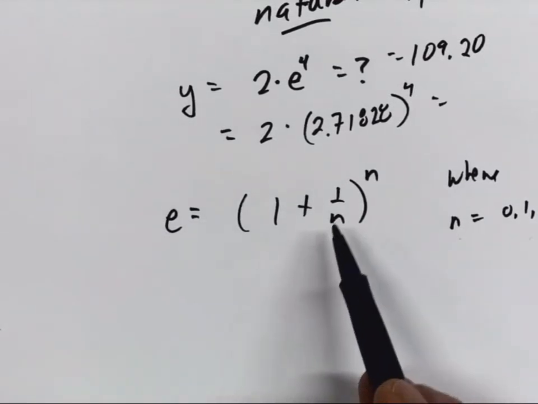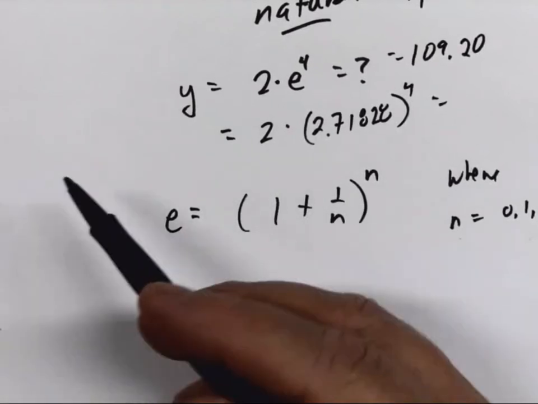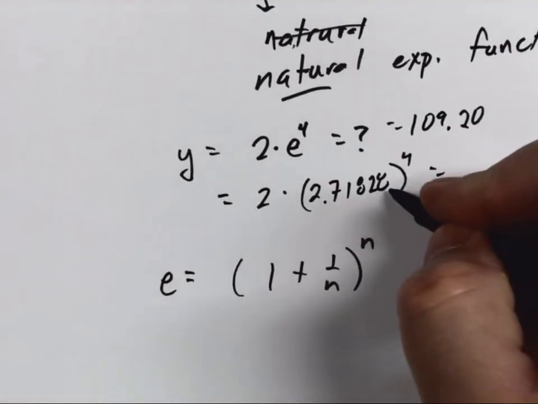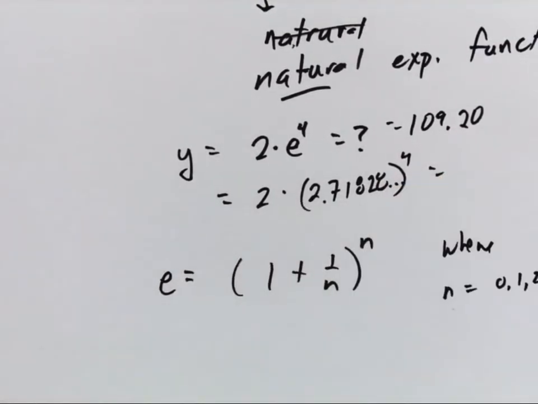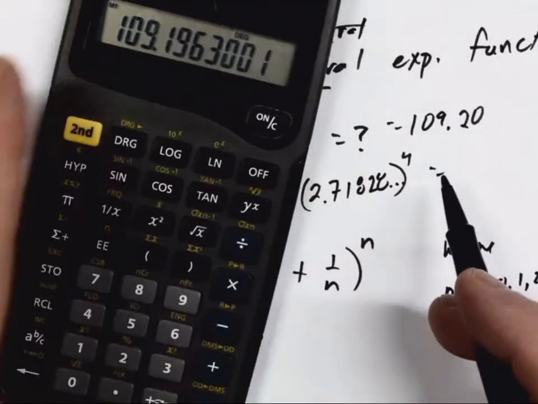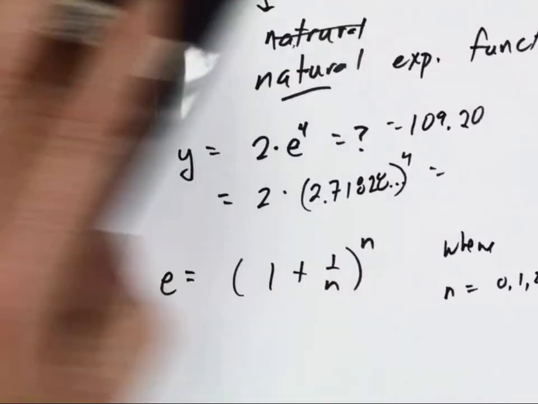Once again, I just throw this out there. If you don't quite understand what's going on here, don't worry about it. The key is just to know e is this number, and actually this number goes on, but I just cut it off this far. But you don't even have to know this number, because whenever you need to use e, you can always just use your calculator.